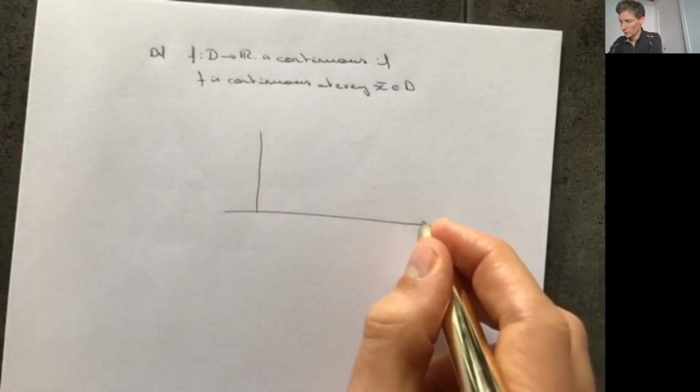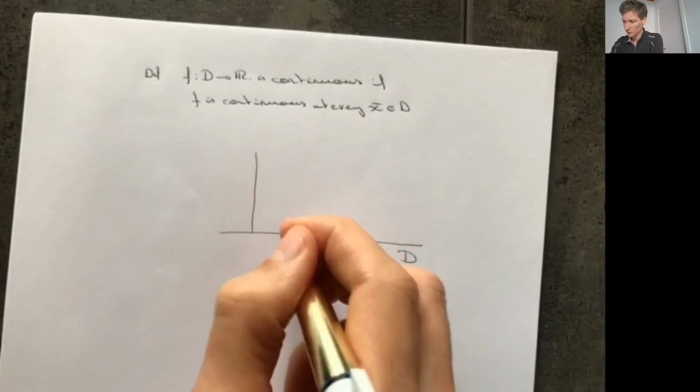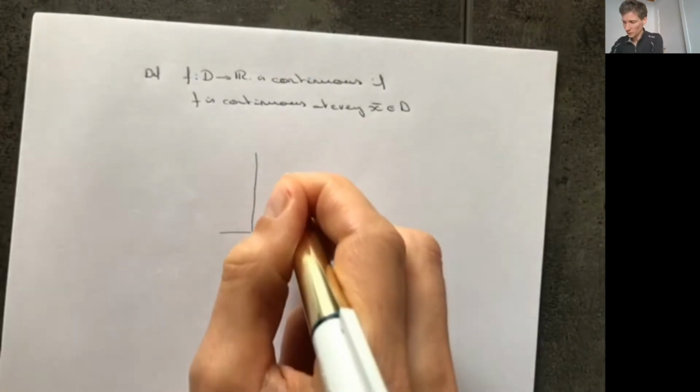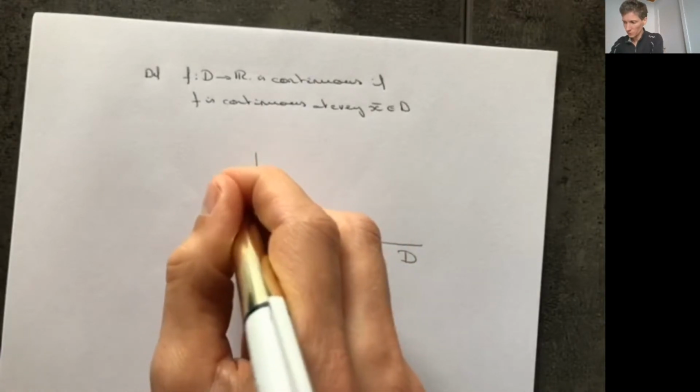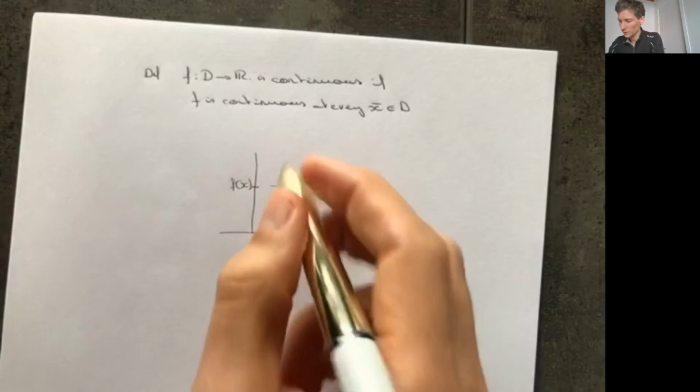So if the domain would here be R, and then f of x, for example, if this is my x, then you can put f of x here. So in this case, this point here kind of depicts the function value at x.